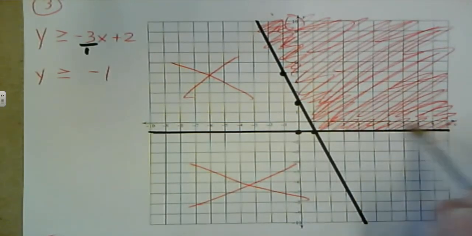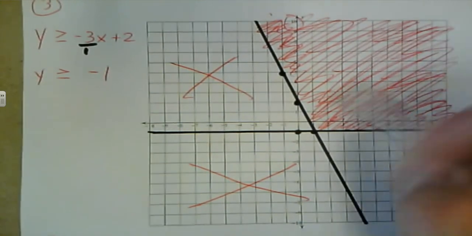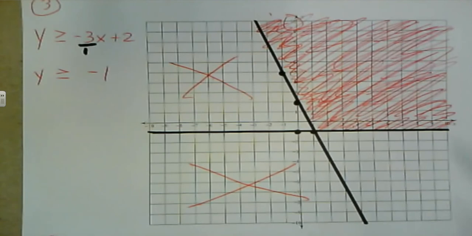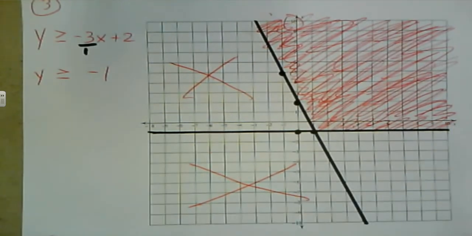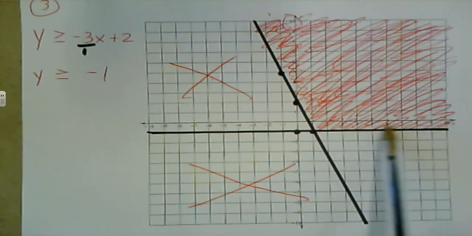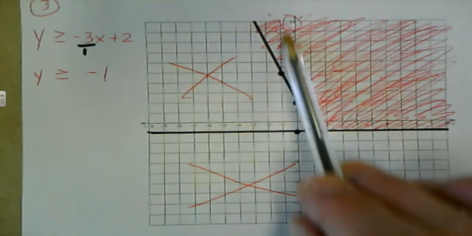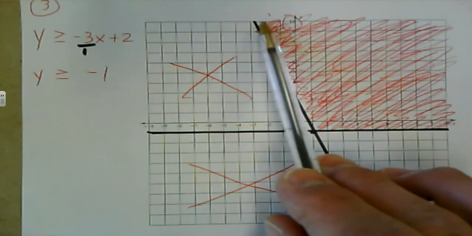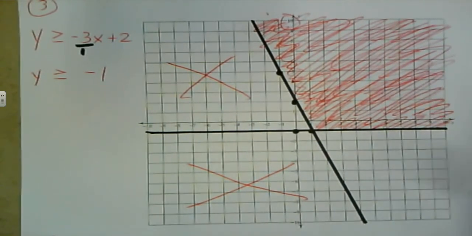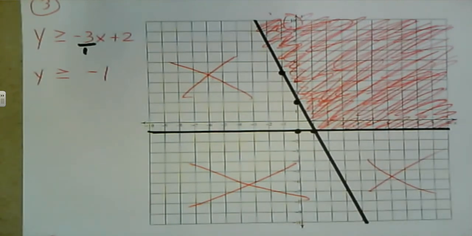I even went down below that axis there. The axis does not determine, the x and y axis does not determine where I shade. It's the lines that we make. Everybody see that? Look here. See where I shaded under there? See where I shaded on this side of the axis? It's the lines that we made that separate each section. By the way, put an X in that one.